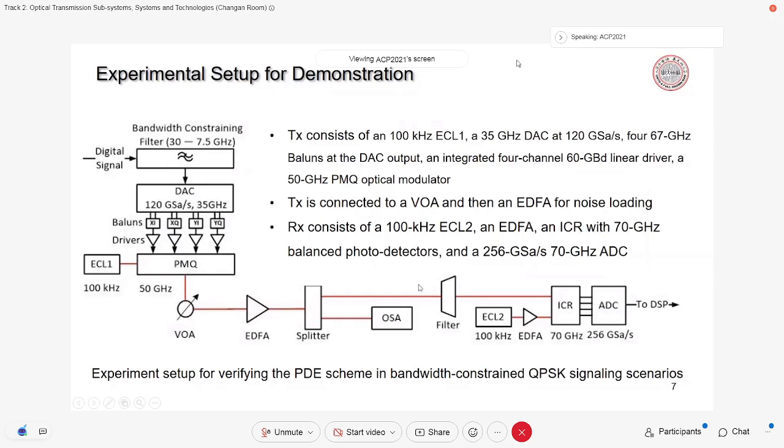And the EDFA added here is just because we didn't have a TIA in this experimental setup, and we want to have some gain on our signal. So we use an EDFA so we can make our local oscillator amplified a little bit so that we can boost up our received signal. And of course, this is the offline DSP for this experiment data processing.